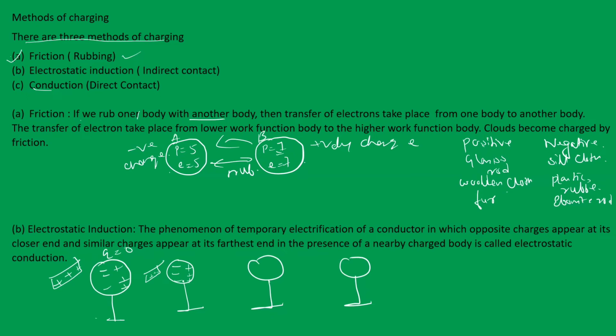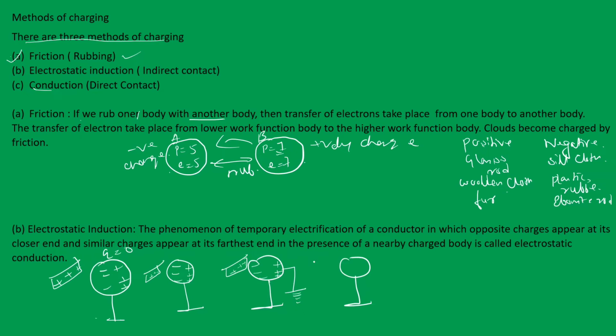As soon as you take away this positive charge, all the positive and negative charges will mix again, and the body will become uncharged. Because I have brought the charged body near the uncharged body, all the negative charges are coming to this side and the positive to the other side. So what we will do is earthing.